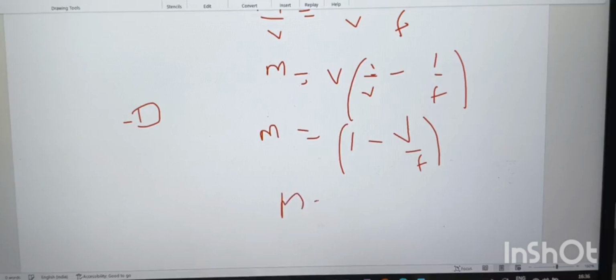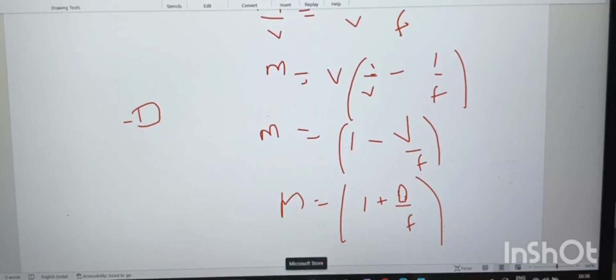So I can write m is equal to 1 plus, because minus minus is plus, D upon f. This is the magnification. Now, what if the image is at infinity? If the image is at D, at 25 centimeters, we have done it this way. If the image is at infinity, we will do one more derivation.